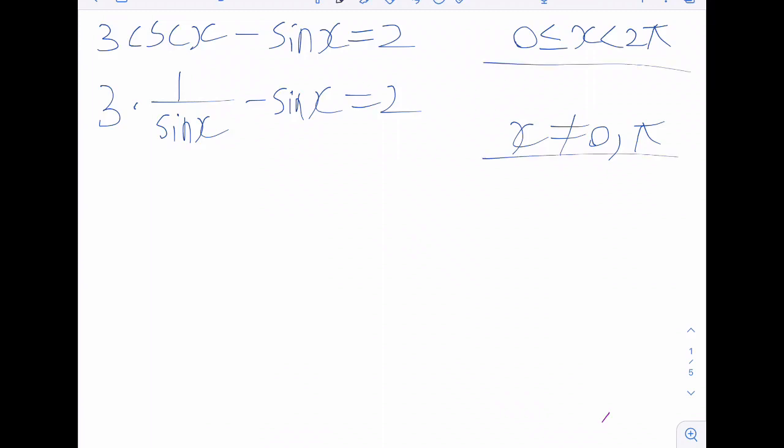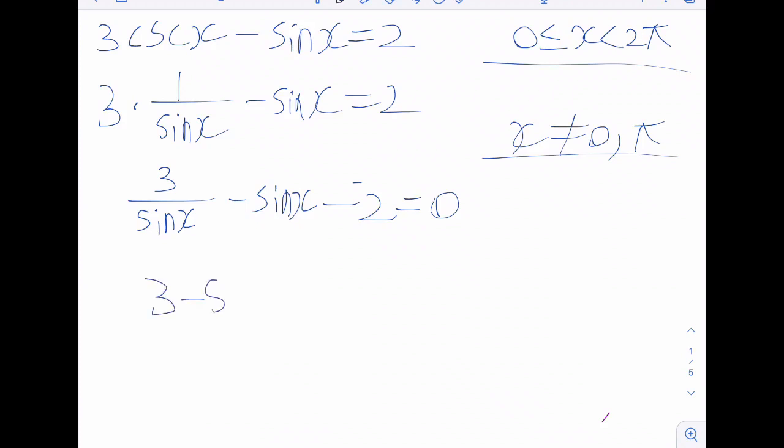Now let's move on. So now we have 3 over sine of x minus sine of x, and then let's move the 2 to this side, so that'll be negative 2 equal to 0. Now we can multiply sine of x to all of the terms, so this will become 3, this will become minus sine squared of x, and this will become negative 2 sine of x. And if we multiply sine of x to 0, it will just become 0.